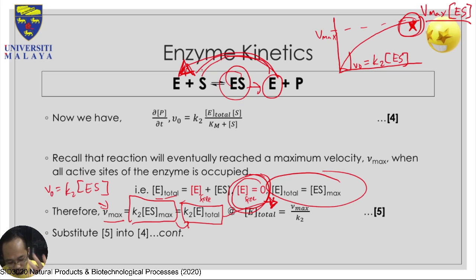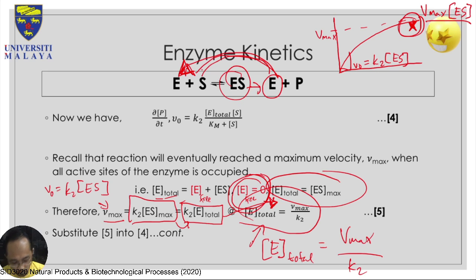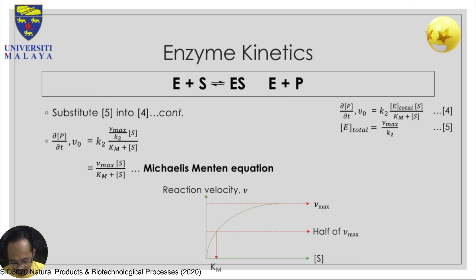When you rearrange this equation, you will get the concentration of E total equals Vmax divided by K2, the rate constant. And when you substitute number 5 into number 4, on the right hand side I have the equations for number 4 and number 5.